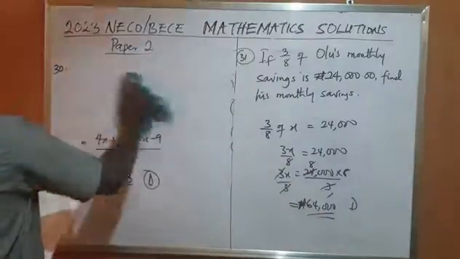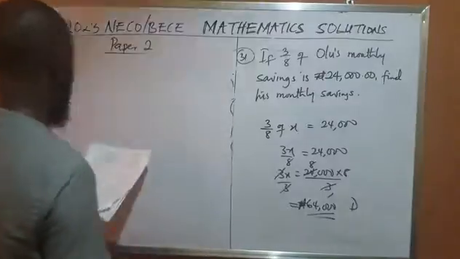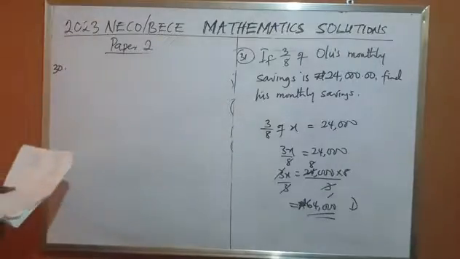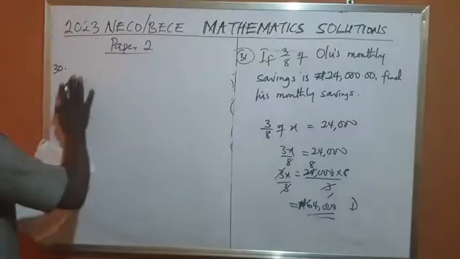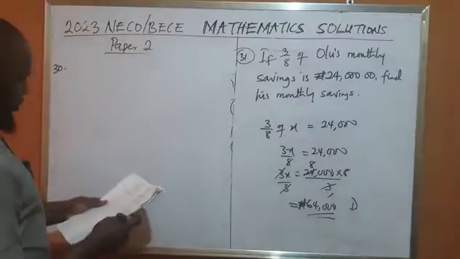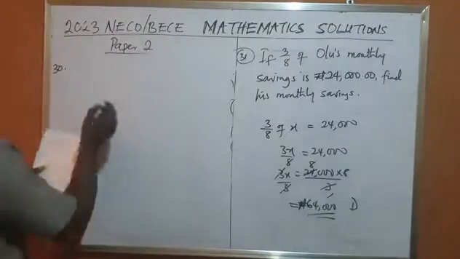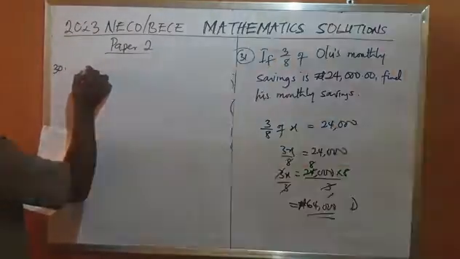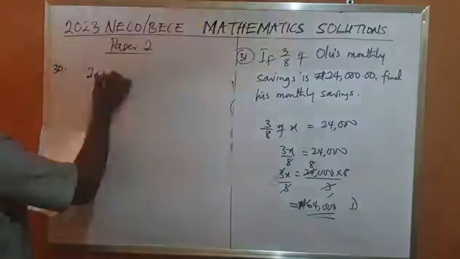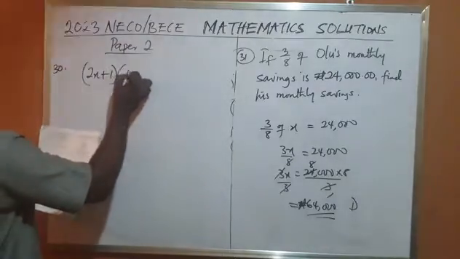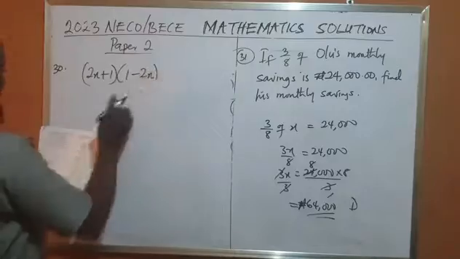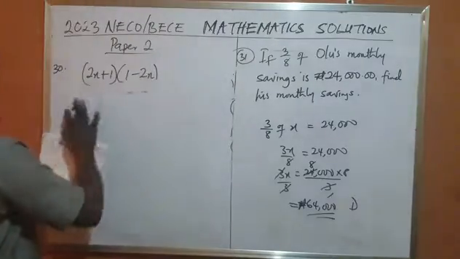Question 32 asks us to find the coefficient of x in the expansion of this. Just like question 28, we have 2x plus 1 into bracket 1 minus 2x. We're going to expand it first.